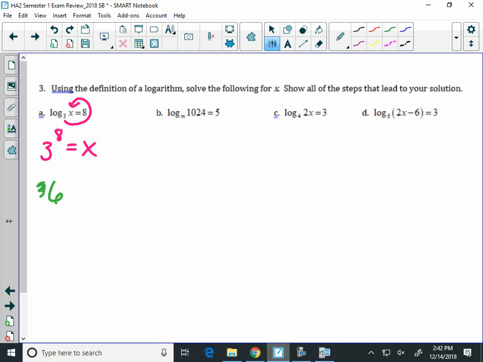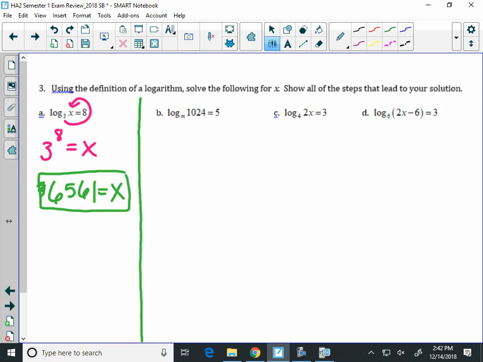Right, and then that's all there is to that problem. For B, you'll have m to the 5th equals 1,024.